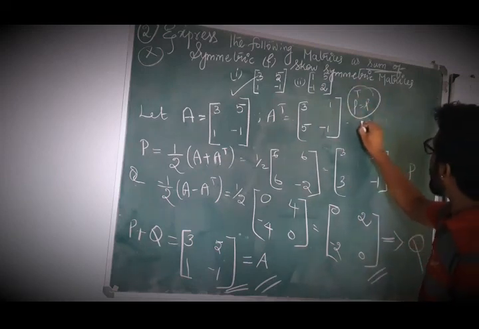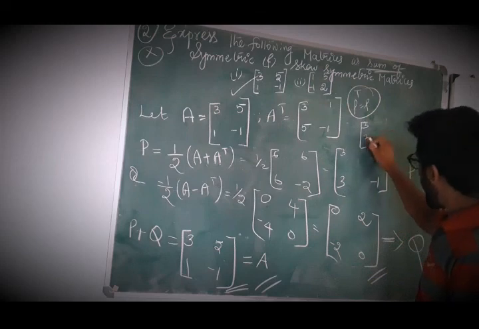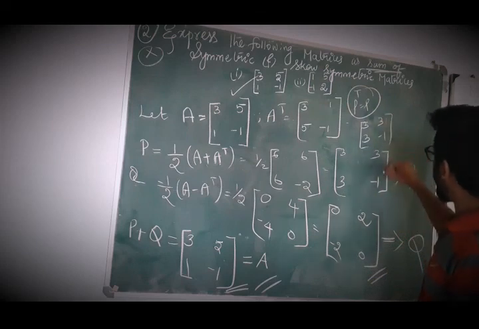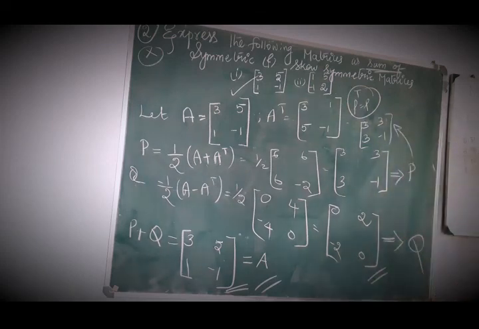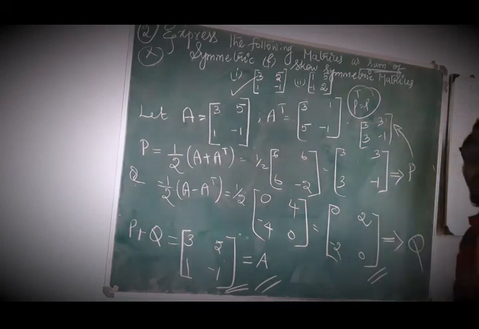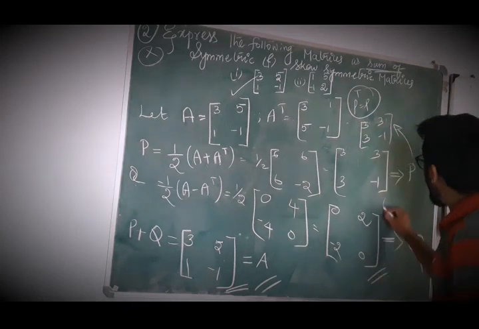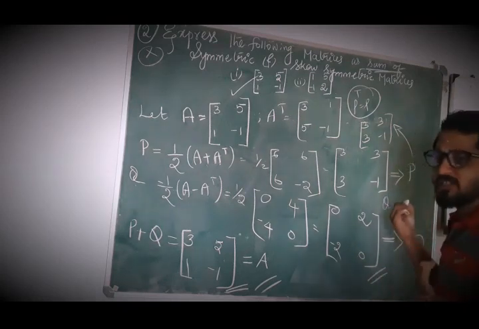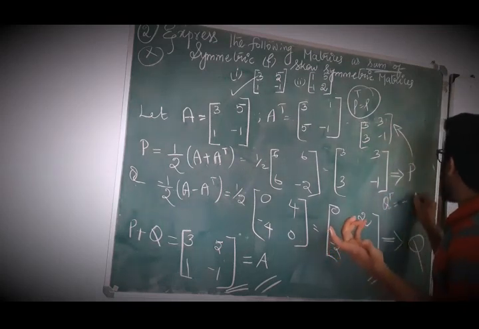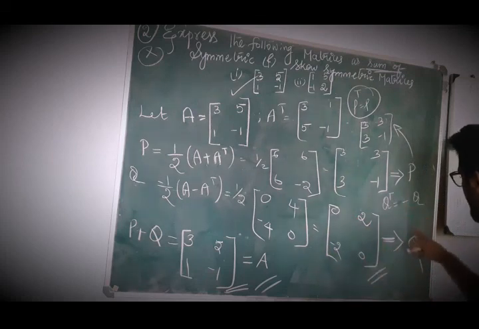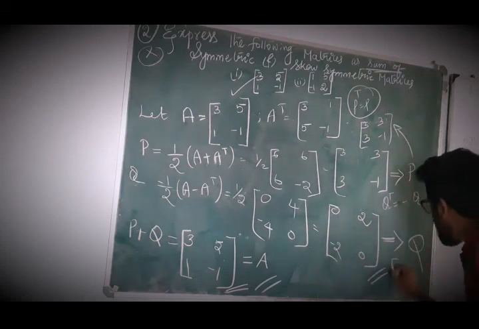Take P transpose: 3, 3, 3, minus 1. You got the same matrix or not? I'm taking the transpose. P transpose is equal to P. Now, what is the definition of skew symmetric? Q transpose is equal to minus Q. What is Q here? What is Q transpose?